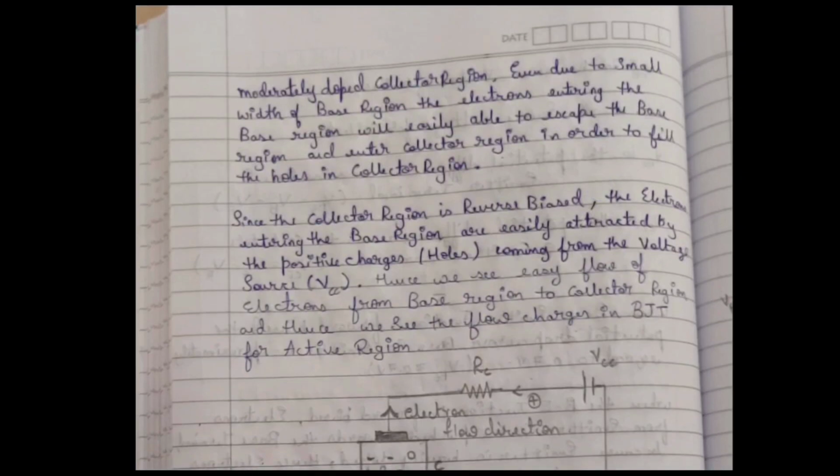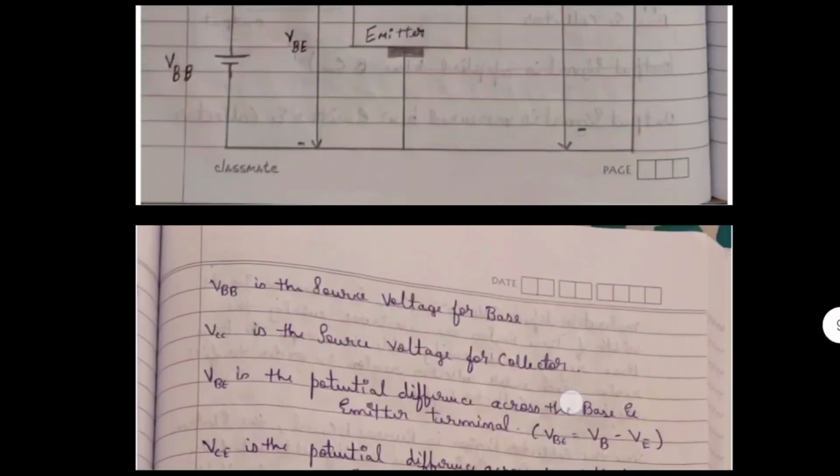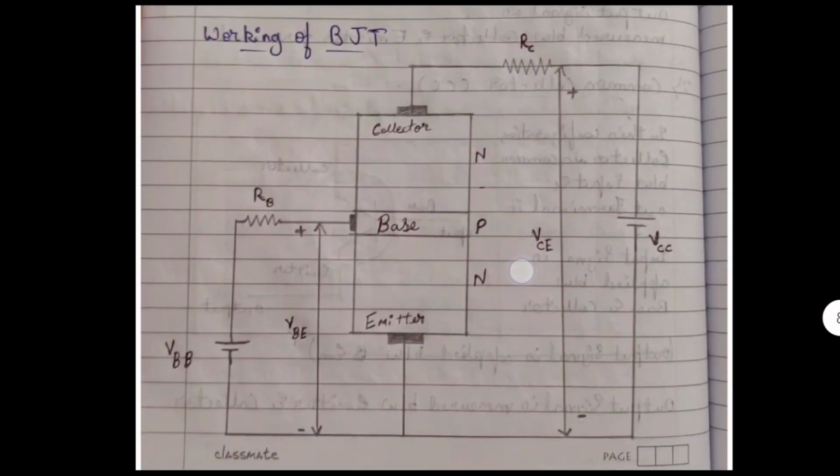So what happens here in the base-emitter configuration is that the base region is not heavily doped, we know that, and since it's not heavily doped, it cannot create enough holes for the electrons coming from the emitter region to go and occupy.